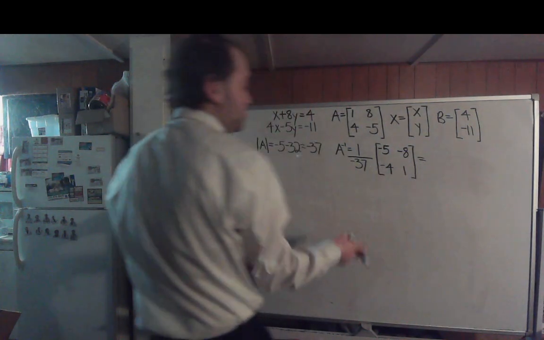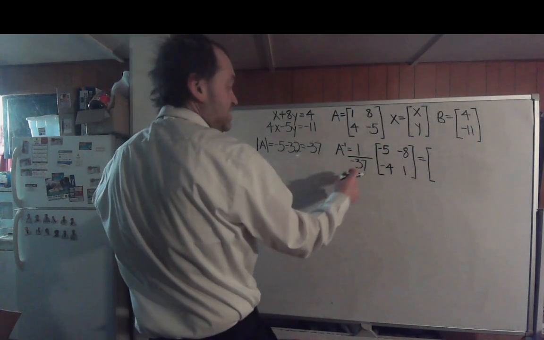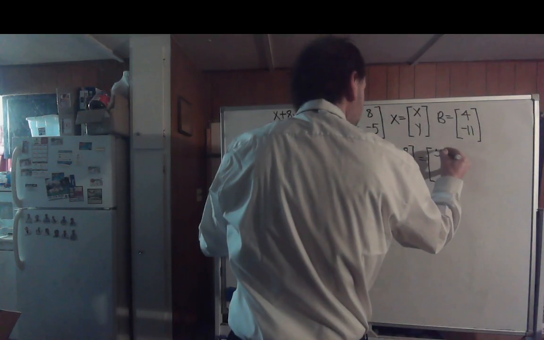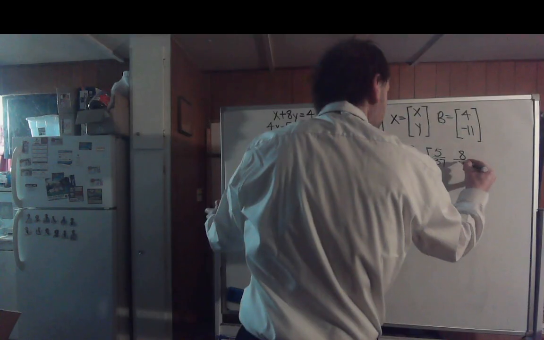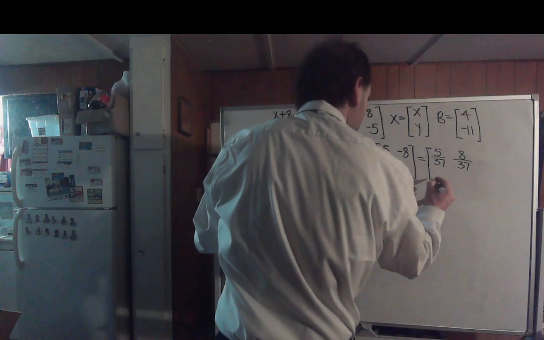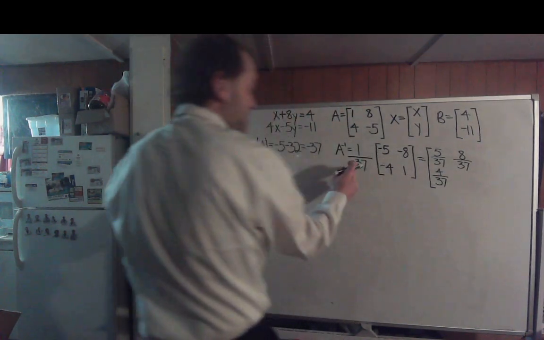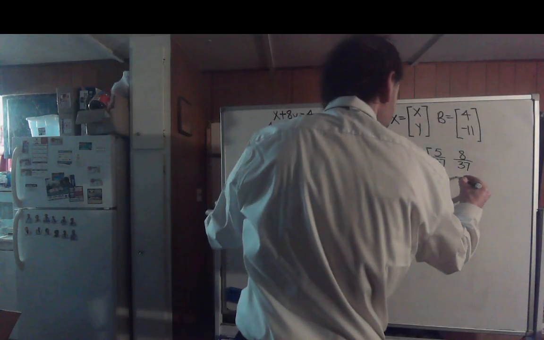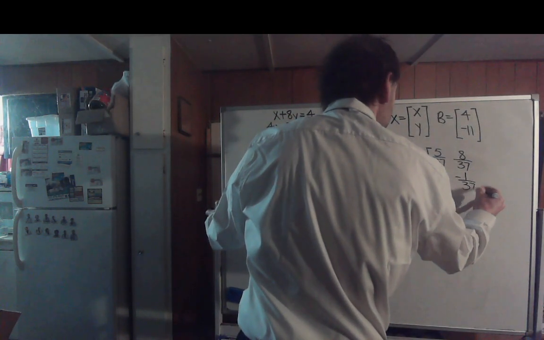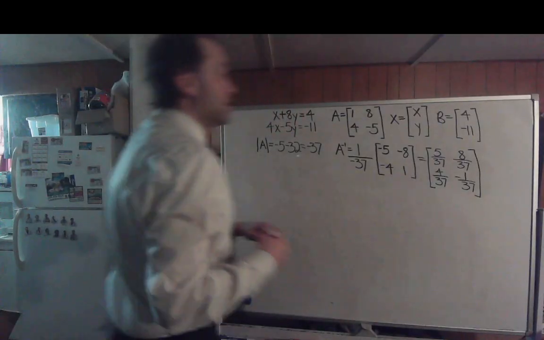Now you just do the scalar multiplication through your entire matrix. Negative 1/37 times negative 5 is positive 5/37. Negative 1/37 times negative 8 is positive 8/37. Negative 1/37 times negative 4, that's going to be positive 4/37. And then negative 1/37 times positive 1 turns into negative 1/37. So there is your hideous A inverse matrix.